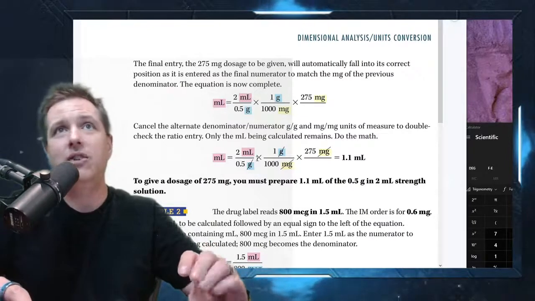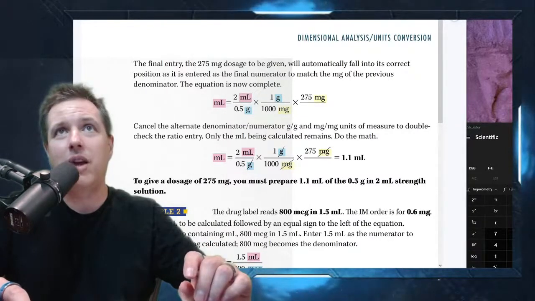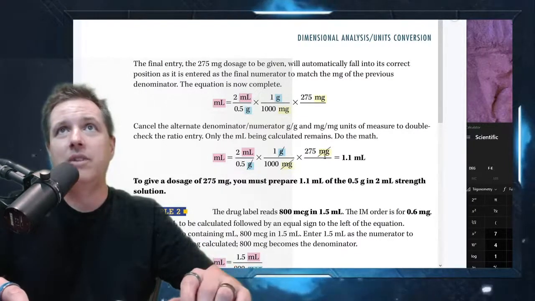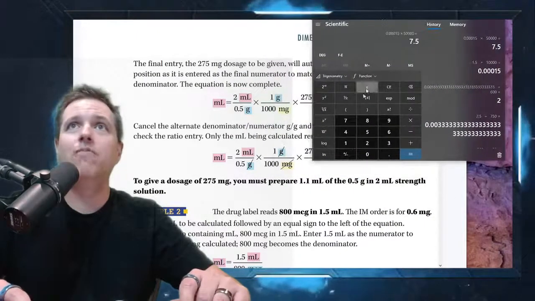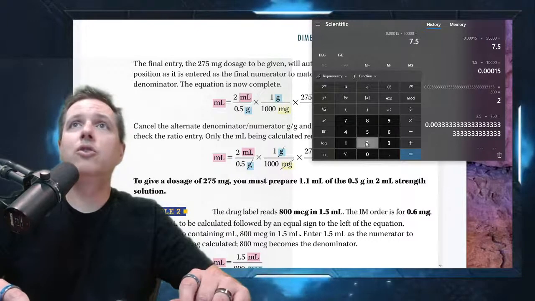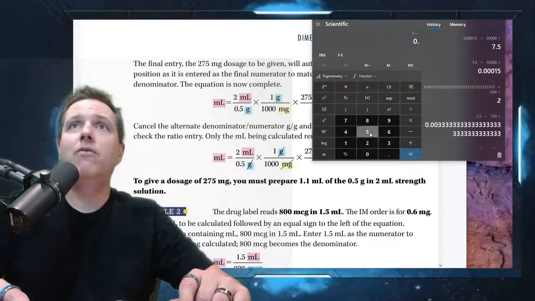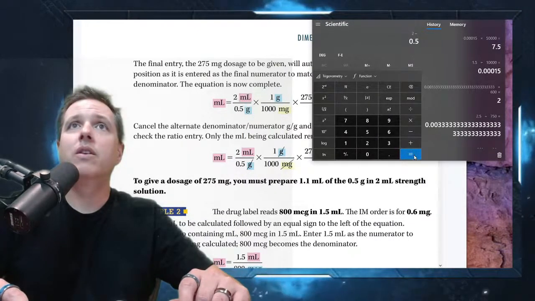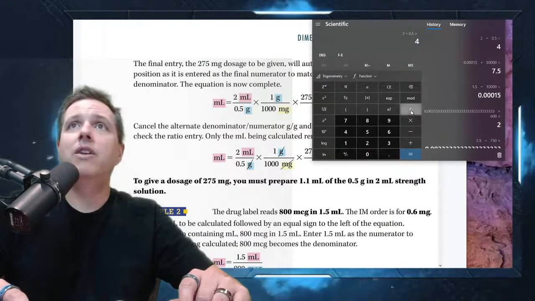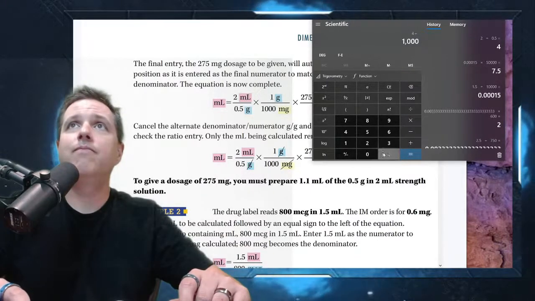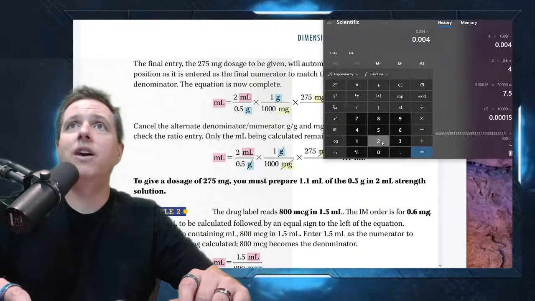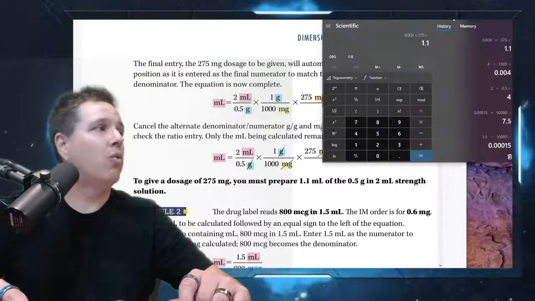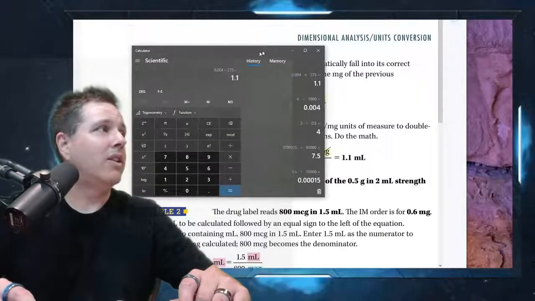And then you can see everything canceling. See how the grams cancel, then the milligrams cancel, and then when you put all these in, so watch, when we do this, can you see that yet? 2 divided by 0.5, and then divided by 1,000, and then times 275, and you can see you get your 1.1 that they got in the problem, right?